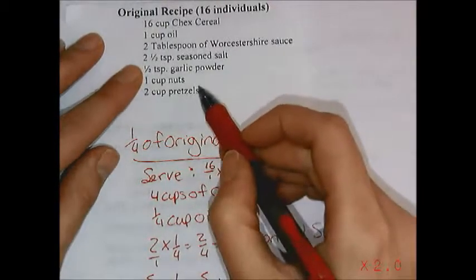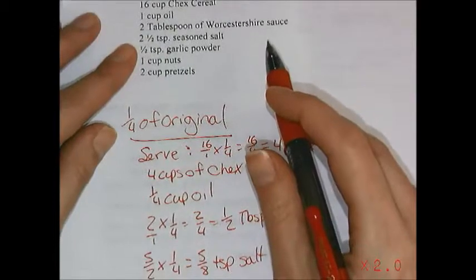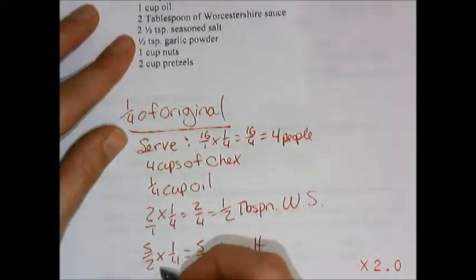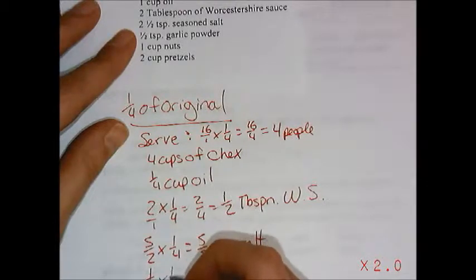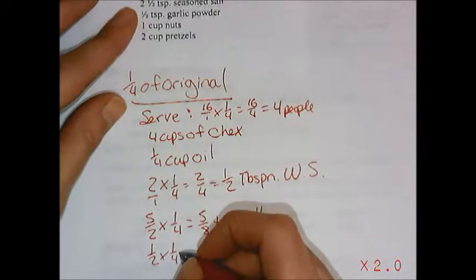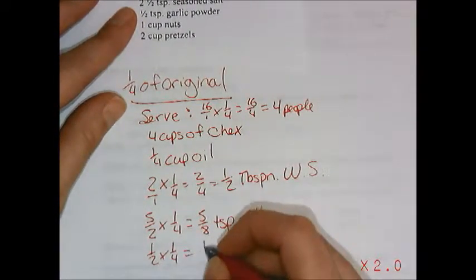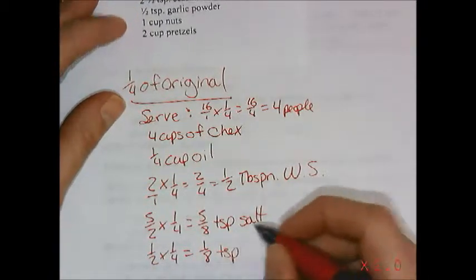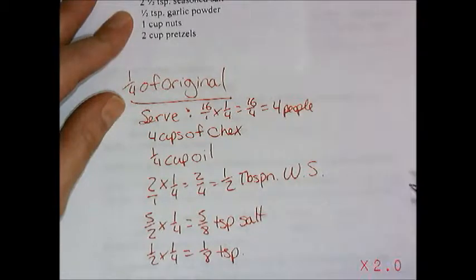Okay, 1/2 teaspoon of garlic powder. So what is a fourth of a half? Well, 1/2 times a fourth is 1/8 teaspoon of garlic powder.